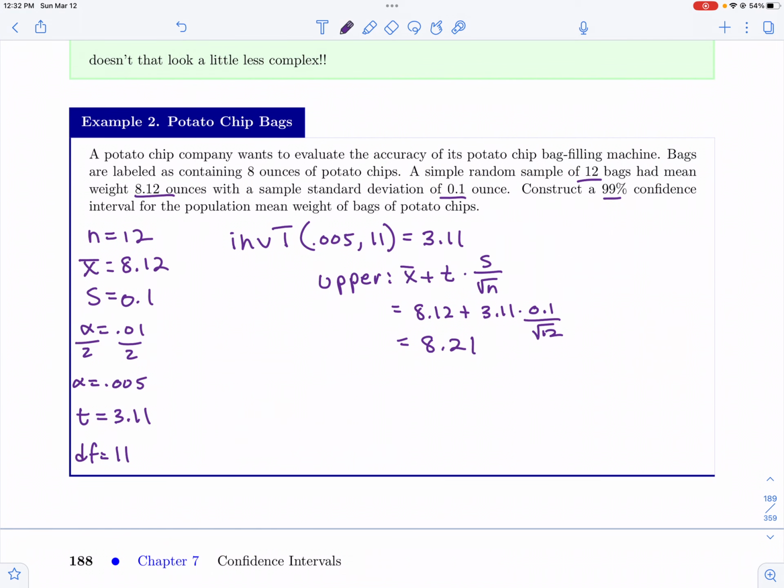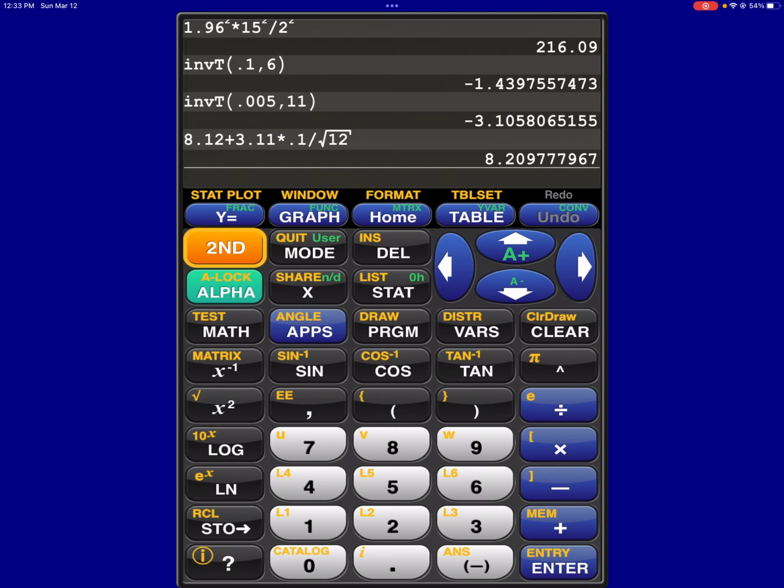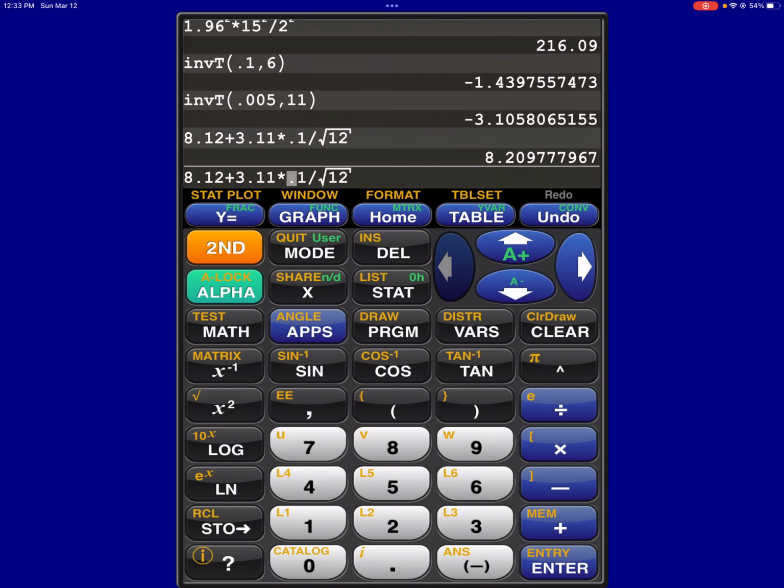And then our lower bound is the same thing but with a minus. So t times s divided by square root of n. So 8.12 minus 3.11 times 0.1, all divided by square root of 12. If we go back to the calculator, we can just hit second enter, change this plus to a minus.